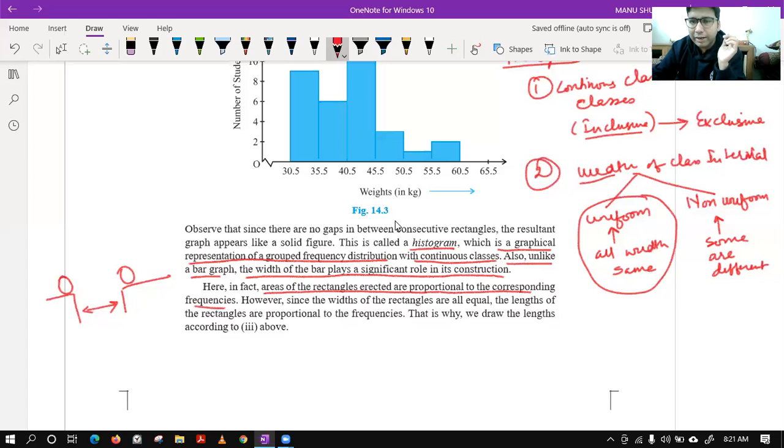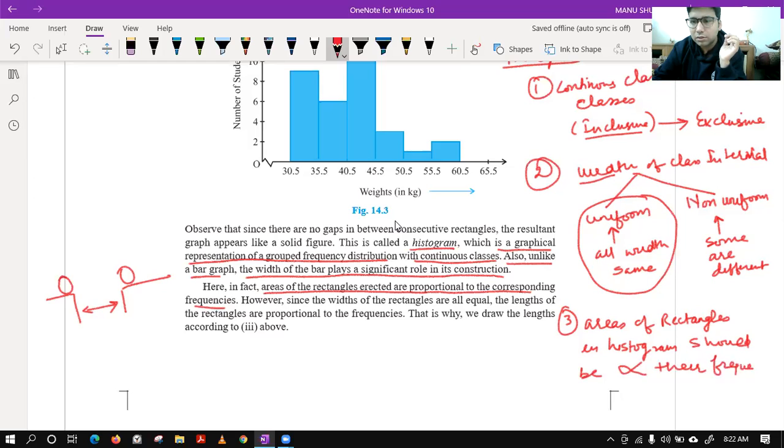So the reason behind point number 2 is that the areas of rectangles in a histogram should be proportional to their frequencies.